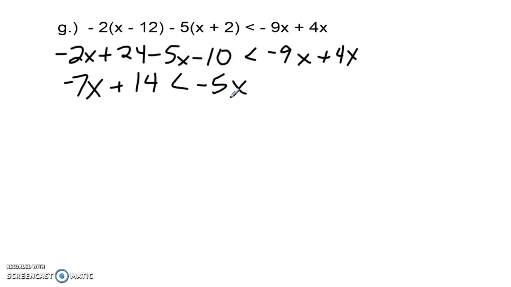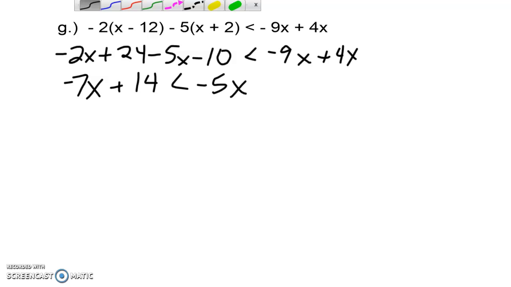Okay, so two ways we can do this. Since my 14 is already over here, I can leave it there and I can add 7x over. How many of you would prefer to have your x on the left? Does it matter? All right, so let's leave 14 where it is for the time being, and then I'll show you how it would work if we move the 14 as well.